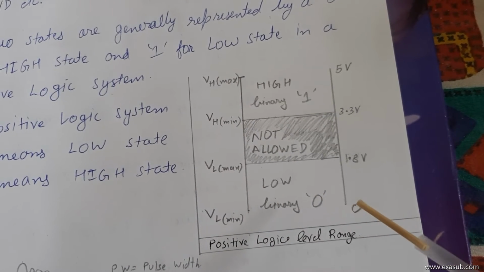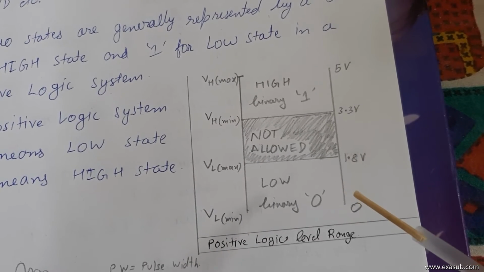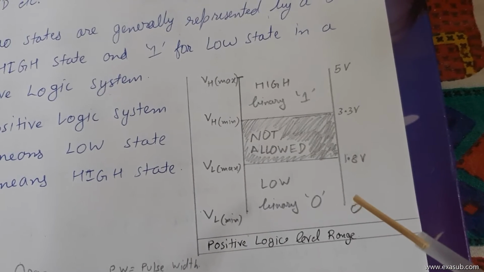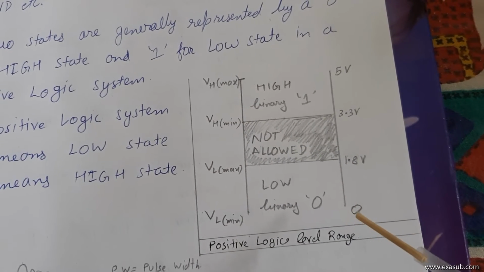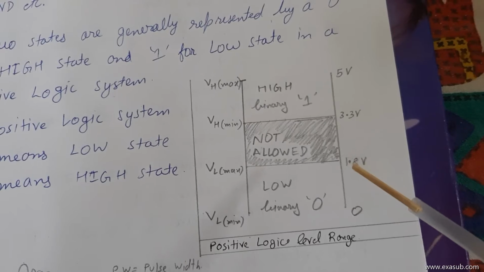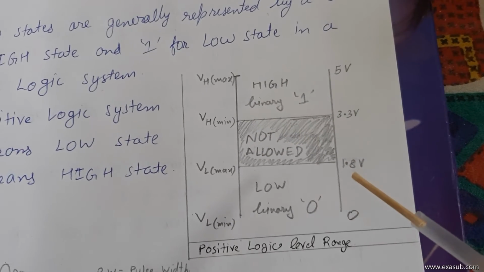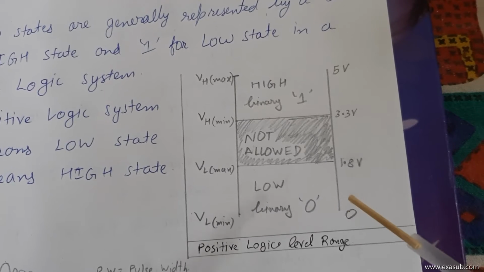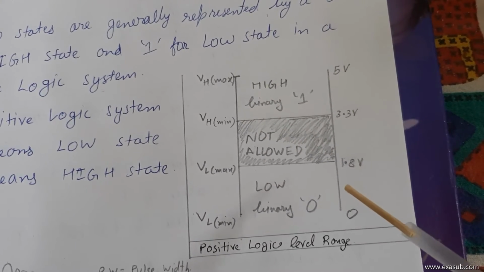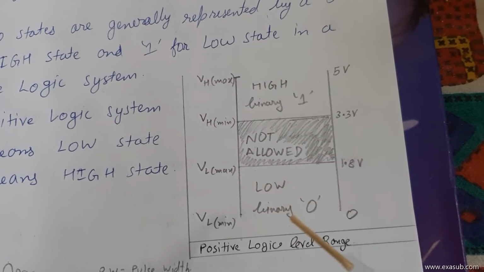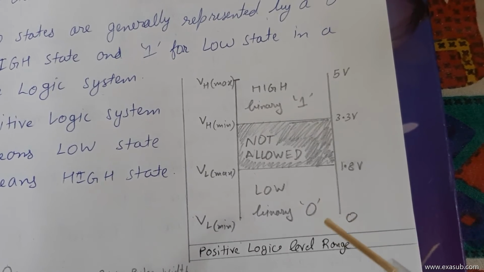For a 5-volt TTL logic system, we have 0 to 1.8 volts. If the value falls somewhere between 0 volt and 1.8 volt, it will be considered a low state, so 0 will be used.